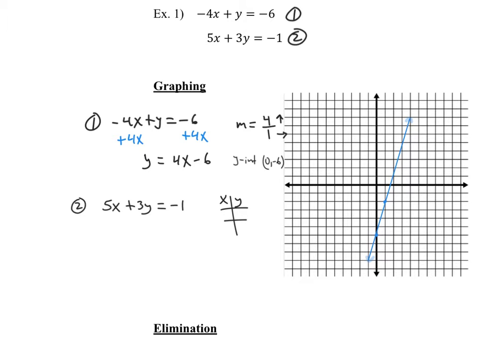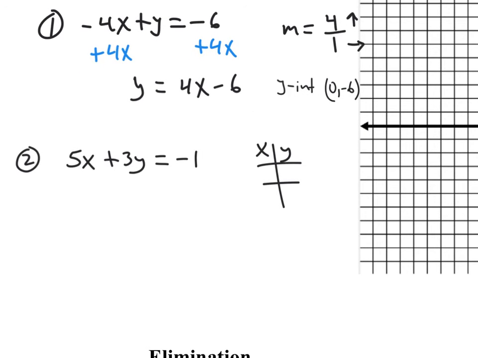We want to try and avoid fractions a little bit, just because graphing fractions can be more difficult. Okay, so I'm going to choose values for x such that my y values end up being whole numbers. So I'm going to choose the value of 1. There we go. And I'm also going to choose the value of negative 2.